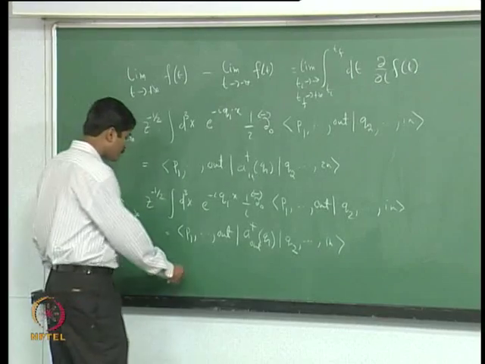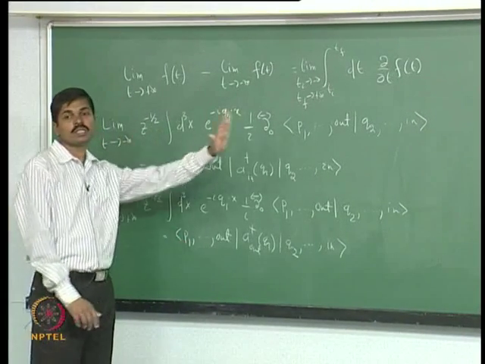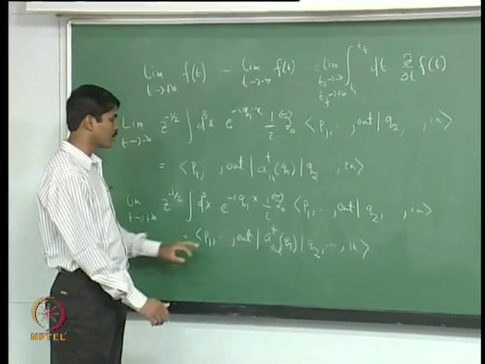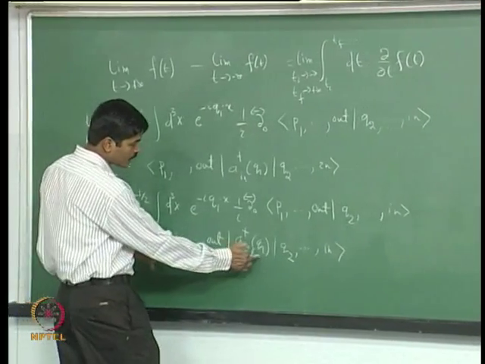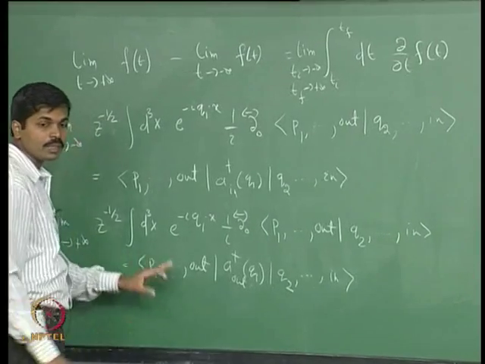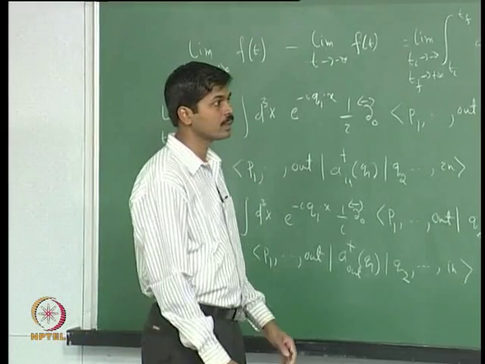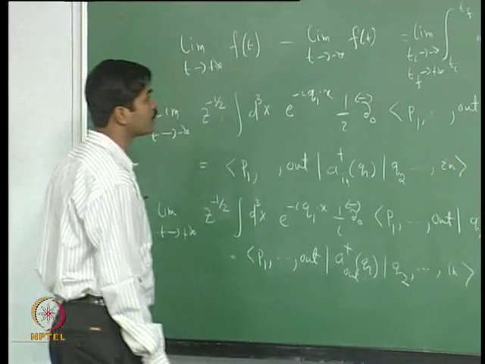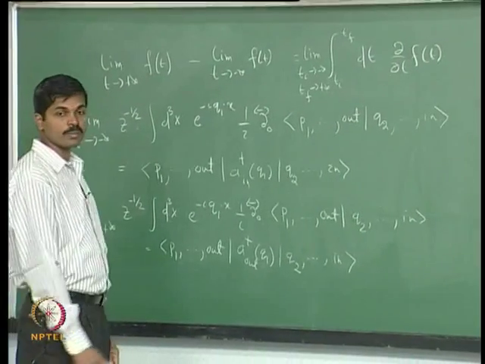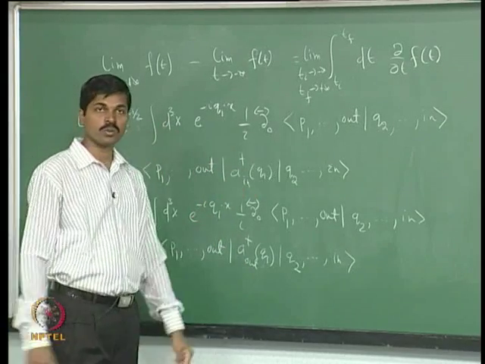We will start with this relation in the next lecture, and then we will get a reduction formula. We can start acting this on this state, and we will keep doing that, and then we will get a reduction formula which essentially will express this matrix element that we started with in terms of the n point correlation functions.